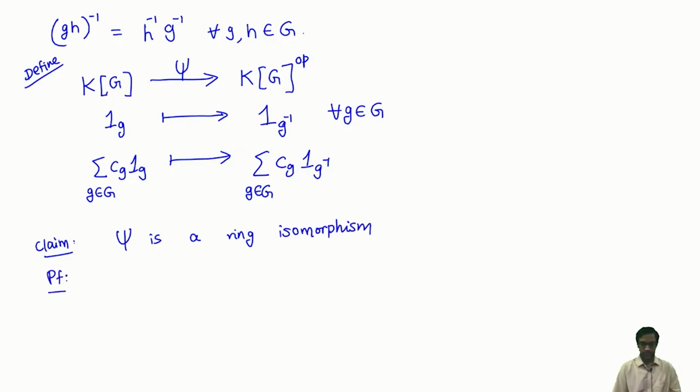So we need to check it preserves addition and multiplication. So addition is easy, okay? Because at the level of vector spaces, it's a linear transformation of vector spaces, right? So summation Cg 1g goes to Cg 1g inverse. So psi preserves addition is easy to check.